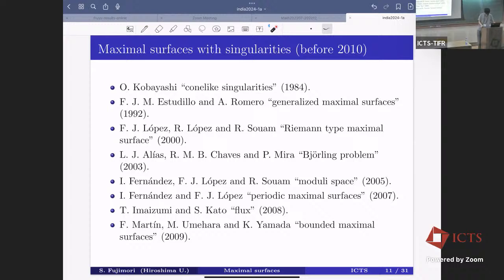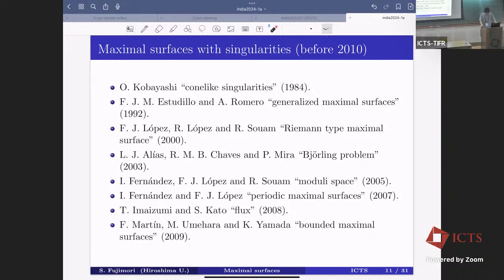And then in 2000, Francisco Lopez and Rafael Lopez and others constructed Riemann type maximal surfaces. There is a minimal surface found by Riemann, shaped like staircases, and they constructed a similar surface and investigated the problem.